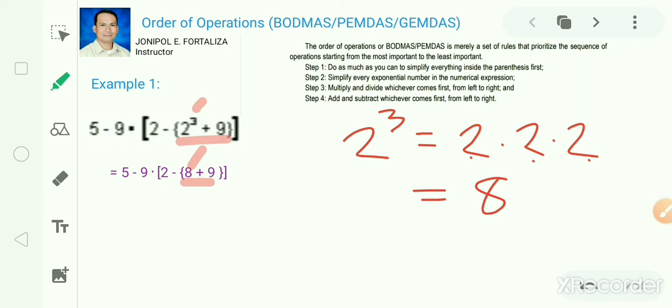So we have that 8 plus 9, and 8 plus 9 is 17.